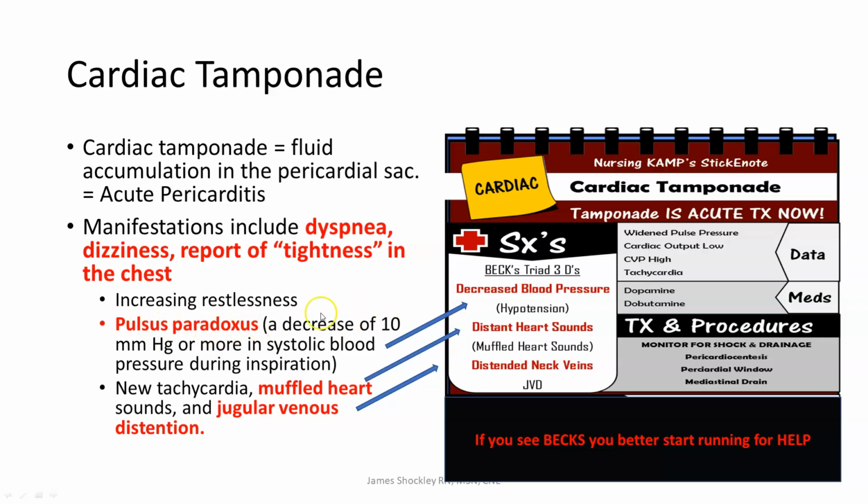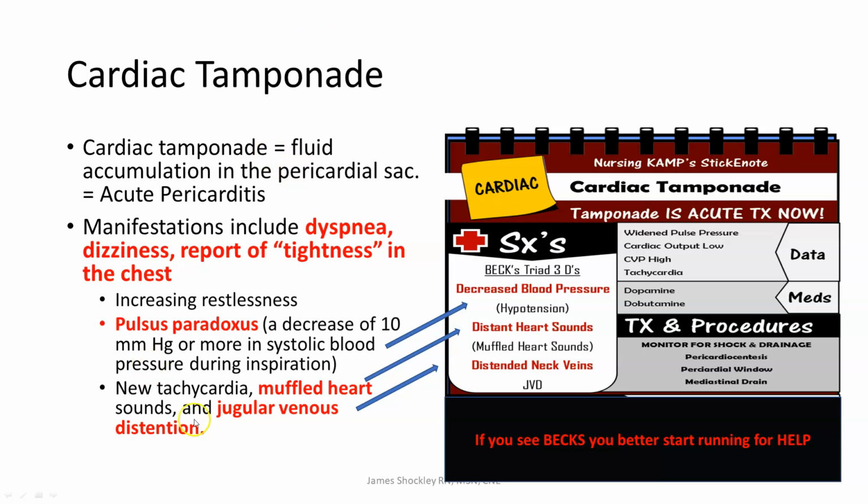I've never gotten a client in my life with pulsus paradoxus because who is sitting there monitoring that blood pressure for a decrease of 10 in the systolic blood pressure during inspiration. That's great. If you're in the ICU and you've got an ART line or we've got some sort of intense cardiac monitoring on you, you can certainly do it. But we're not going to be assessing for pulsus paradoxus on a step down or a med surge floor. It's just impossible.